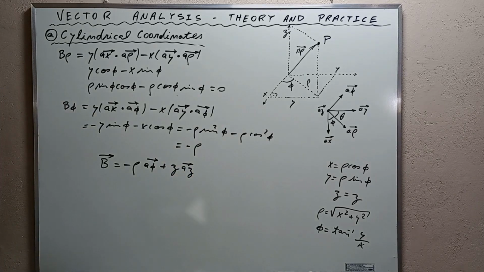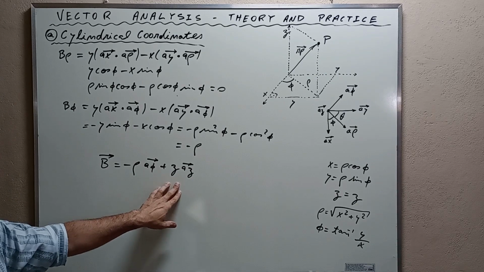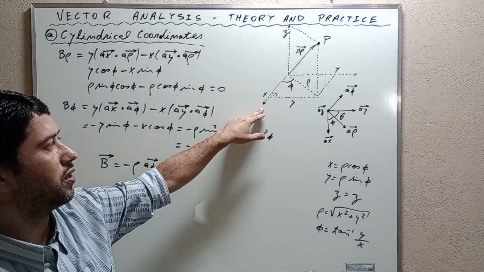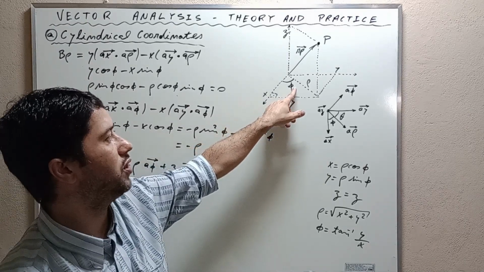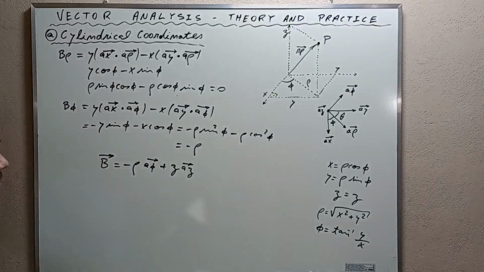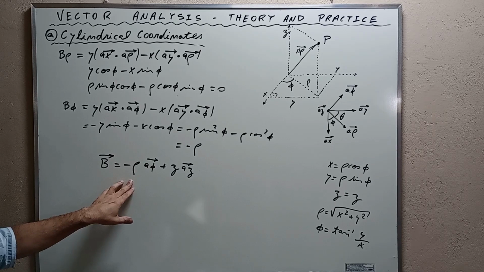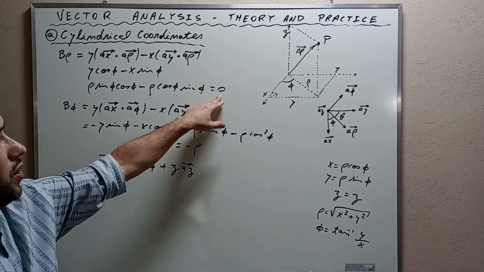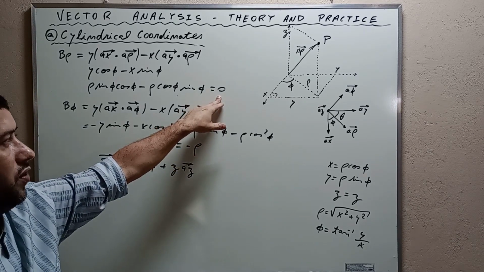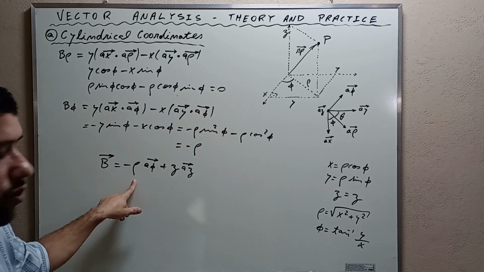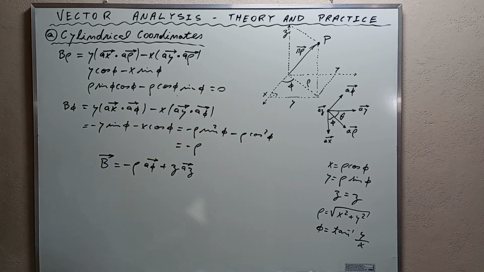Observe that z does not change because z belongs both to the Cartesian and to the cylindrical coordinates. And see that the component in the rho direction is 0. That's why the rho direction doesn't appear here. Okay? This is all for cylindrical coordinates. Let's go to spherical coordinates now.